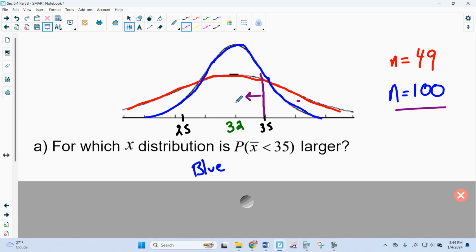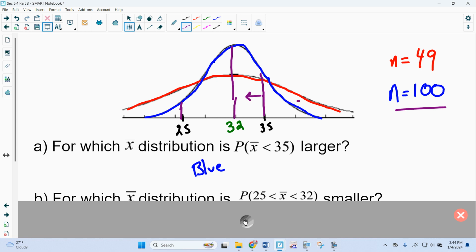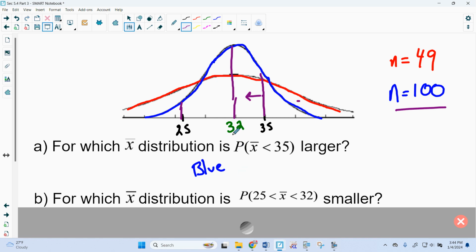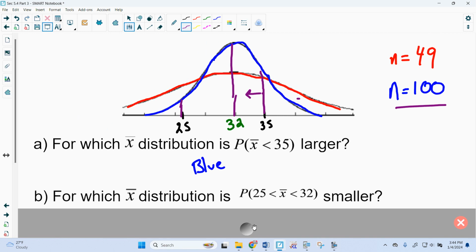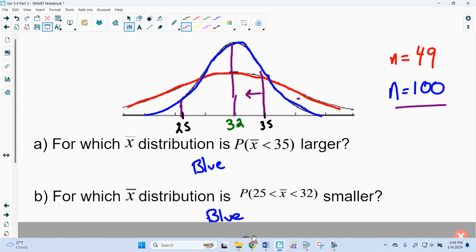And then if we look from 32 to 25, is the next one. There is more blue between those. So that is going to be which one is smaller. Blue is, more blue down here, goes below. So blue is the smaller.